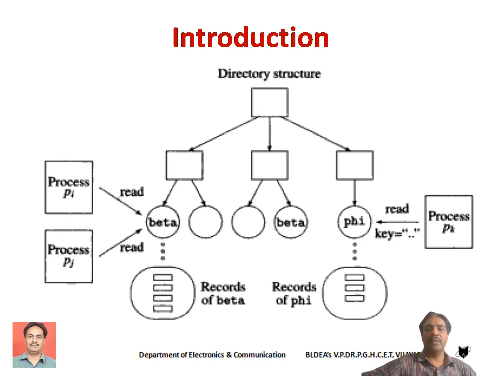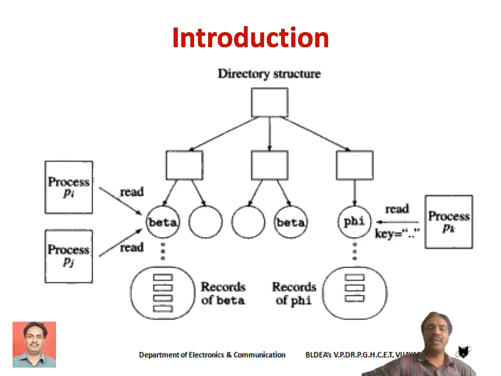During program execution, the programs can access the contents of the files. Let us assume that we have processes like PI, PJ, and PK. These processes can access the data stored within the files. For example, in this case, process PI is accessing the data stored within the file beta, and process PK might be reading the contents of the file phi, and so on.